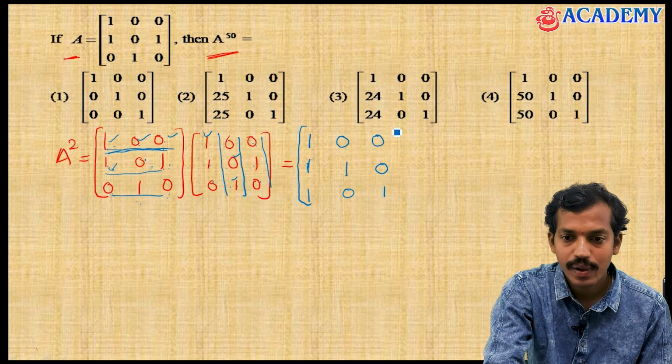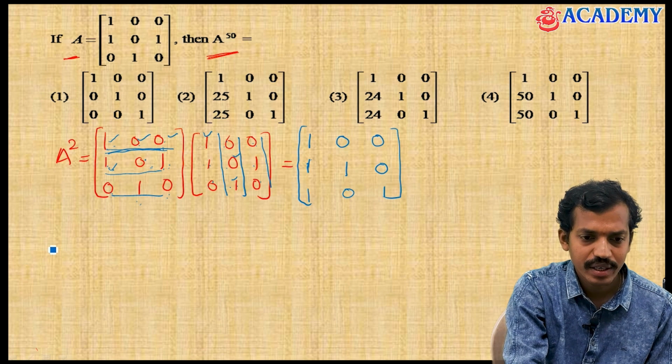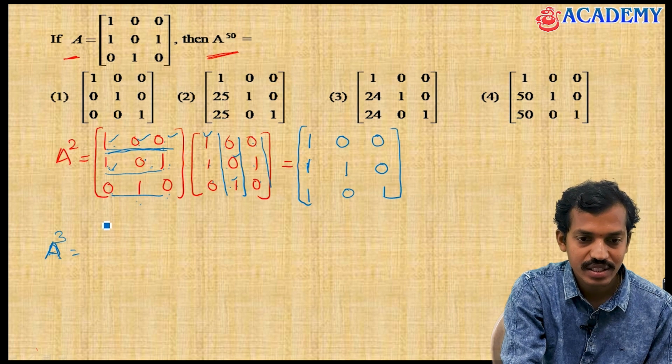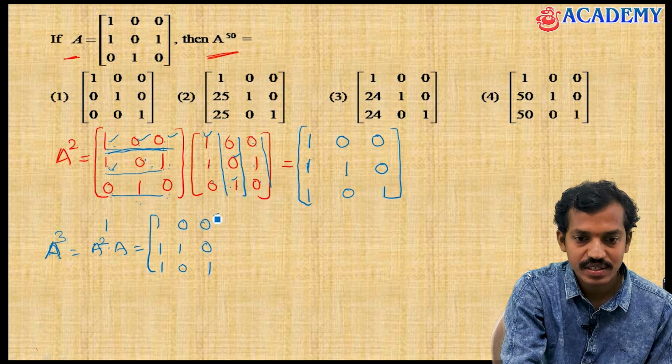This is what the A square matrix is. Here once again I am writing the A cube matrix. A cube is nothing but A square into A, so I am writing 1 0 0, 1 1 0, 1 0 1. This is the A square matrix.